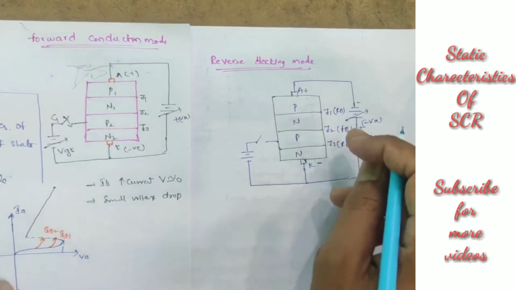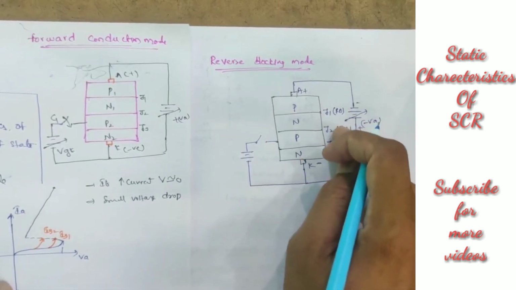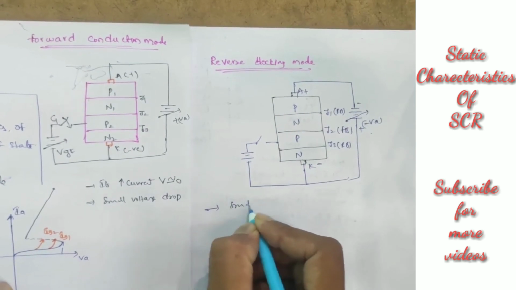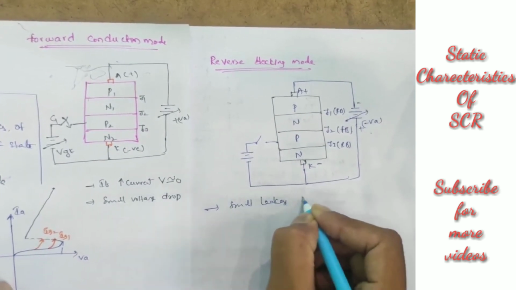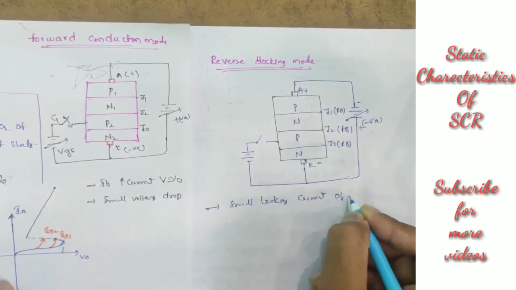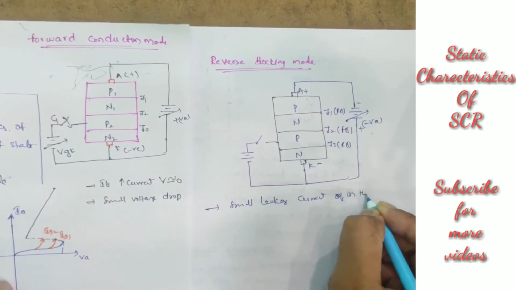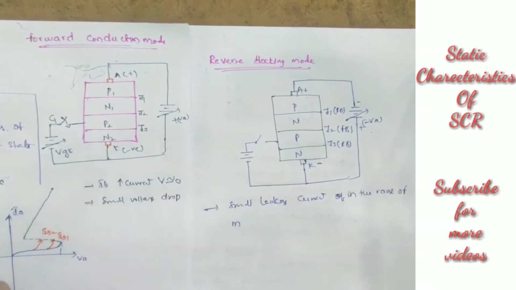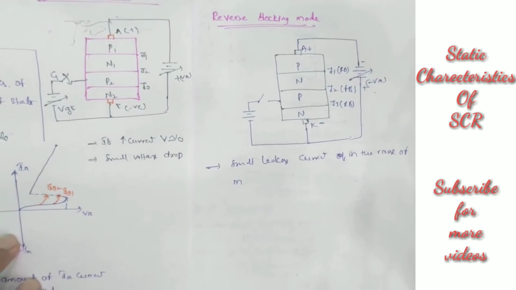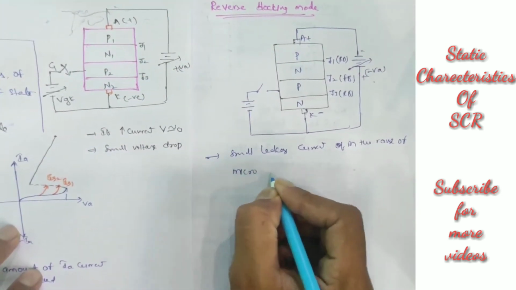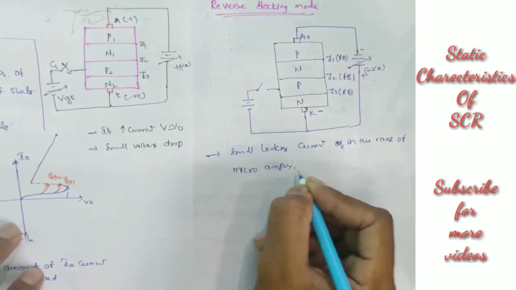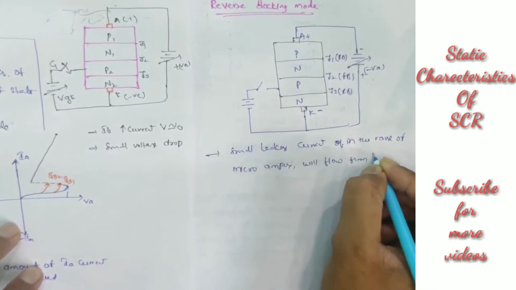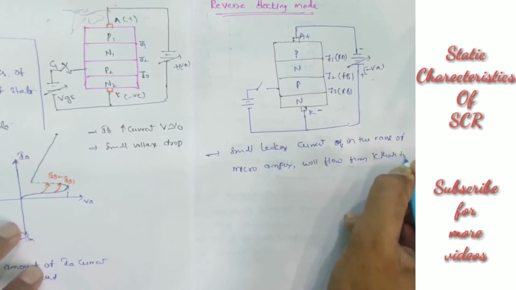Due to this reverse bias, a small leakage current in the range of microamperes will flow from cathode to anode.